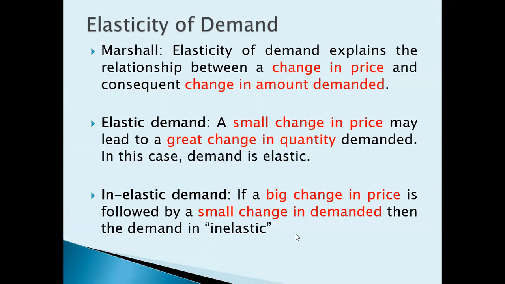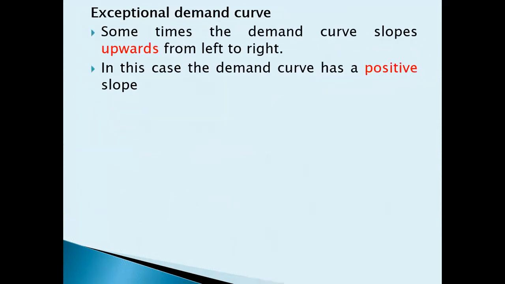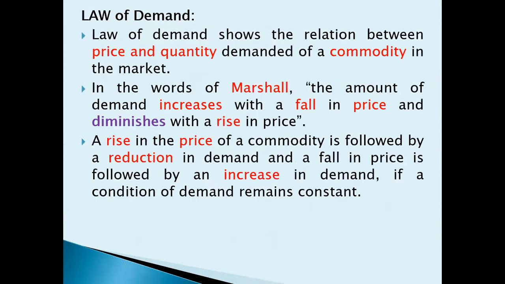Demand. Okay, demand. What have we seen in demand? I think we had seen this. Law of demand. In the last lecture, we studied the law of demand, which is the relationship between the price of the unit and the quantity demanded. We saw that there is an inverse relationship between price and quantity demanded.